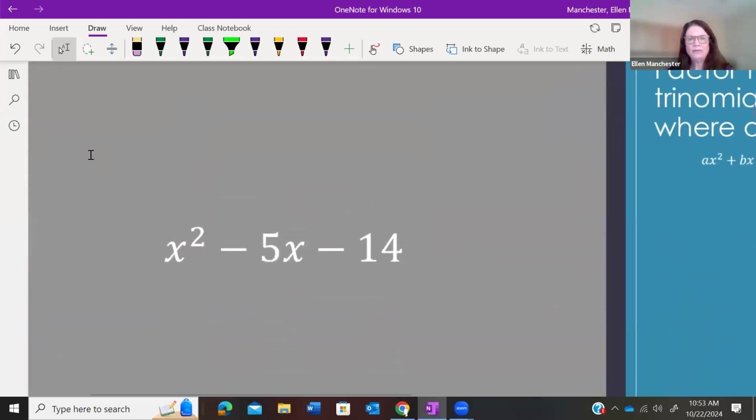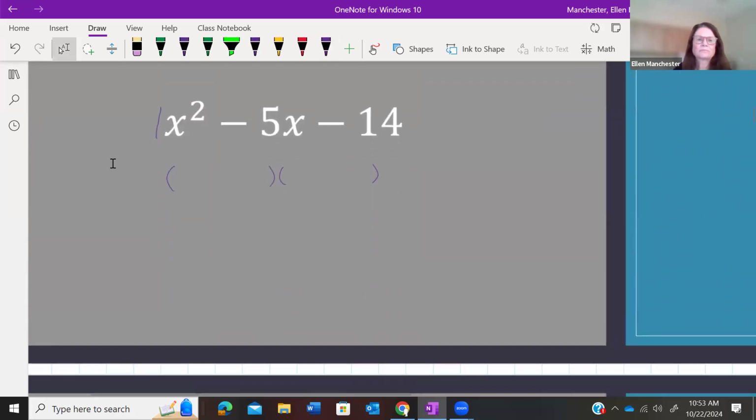So when you look at this, this is your A, there's nothing there, but you know there's a 1 there. Okay, so your first step is to write 2 sets of parentheses, because you will always have 2 sets of parentheses. In the first position, you're going to have x times x, because that is the only way to get x squared.